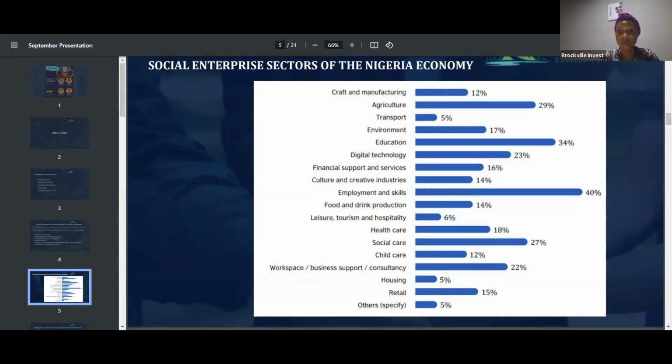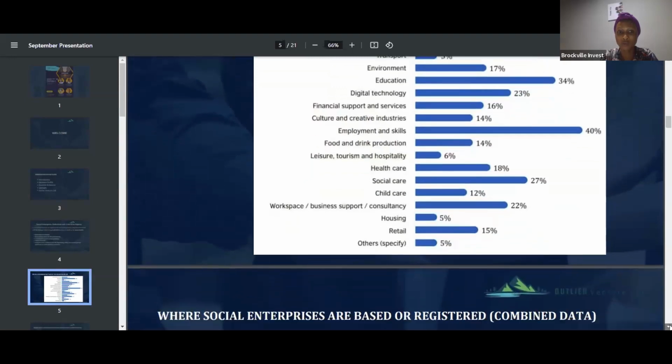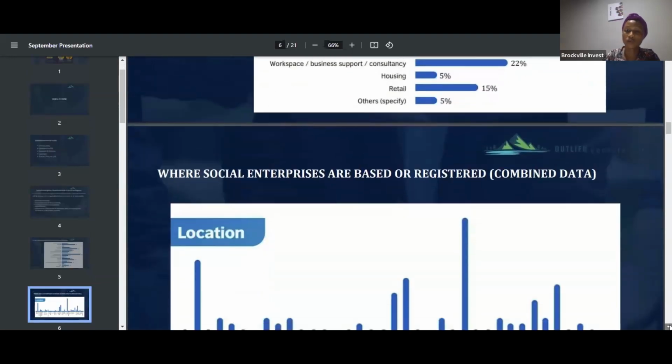It depends on where you want to focus and how you want to make impact in the organization, the environment, or the country at large.